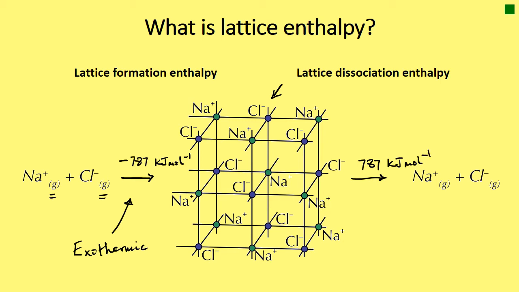And notice that that is a positive 787, and so we can say that the dissociation enthalpy here is endothermic, in that we've had to put energy in to break those bonds in the ionic lattice.